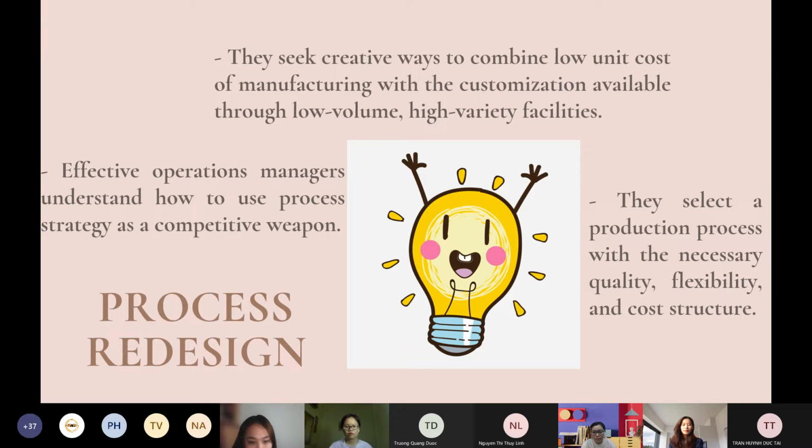And the last part is about the operations manager's activity. Operations managers understand how to use process strategies as a competitive weapon. They select a production process with the necessary quality, flexibility, and cost structure to meet product and volume requirements. They also seek creative ways to combine the low unit cost of high-volume, low-variety manufacturing with the customization available through low-volume, high-variety facilities.